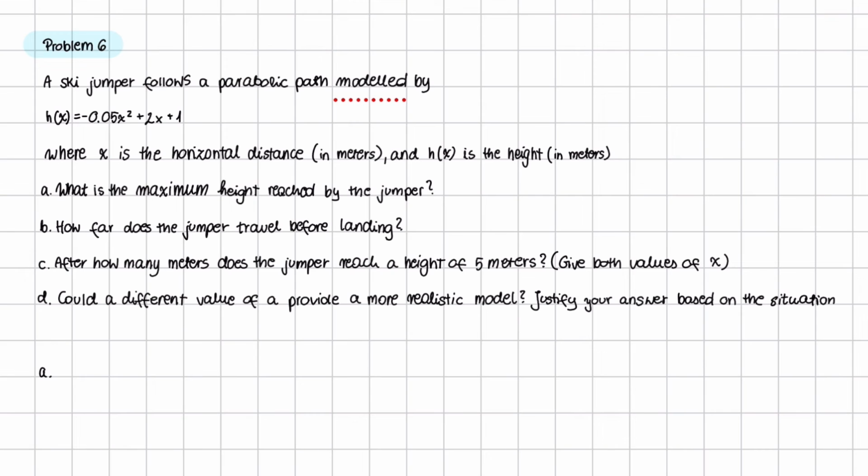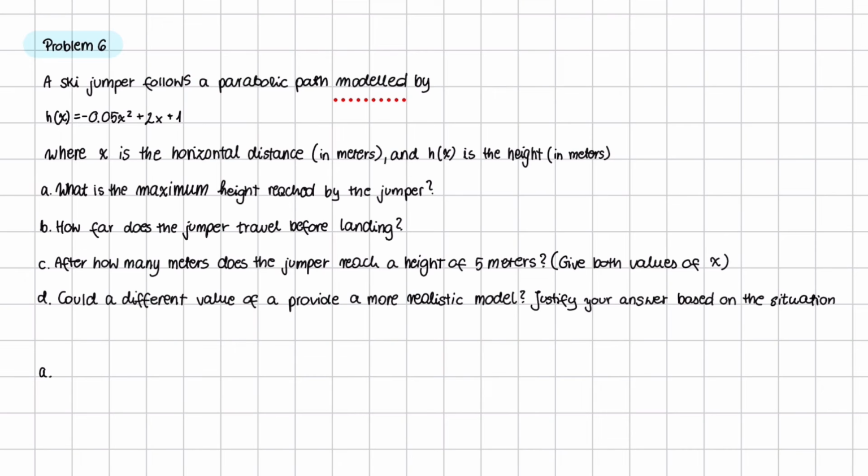So if this is a parabola, we know that it has a vertex that is a maximum point. So we can find it by taking a formula for x of our vertex.